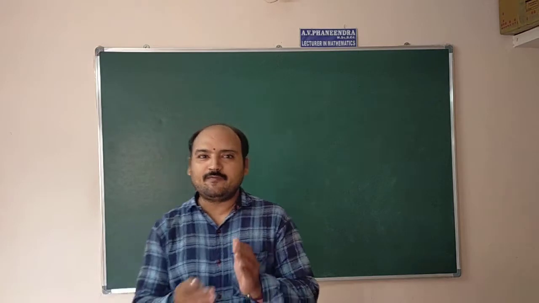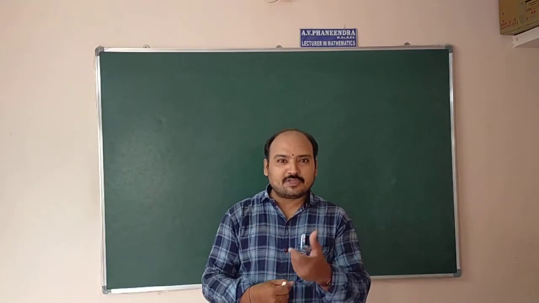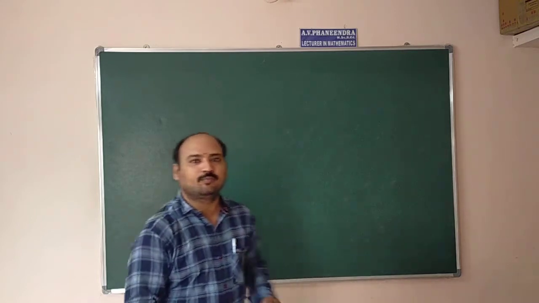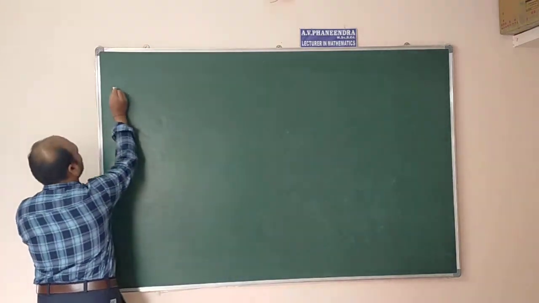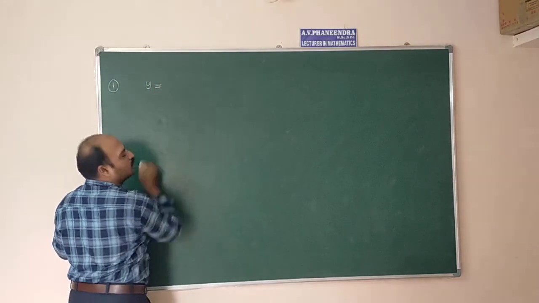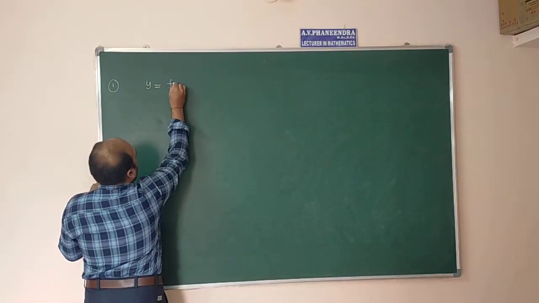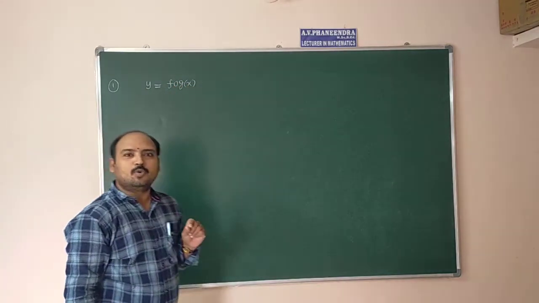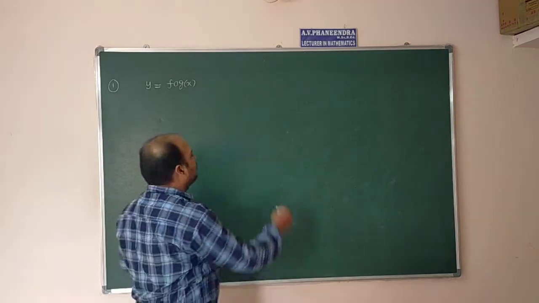Now, different forms of functions and their derivatives with examples we have to discuss. Suppose the function y is equal to f circle g of x. We know that it is a composite function of f and g.